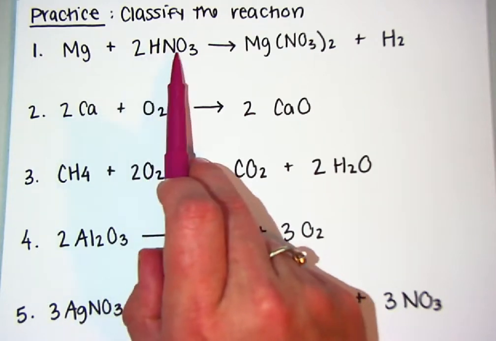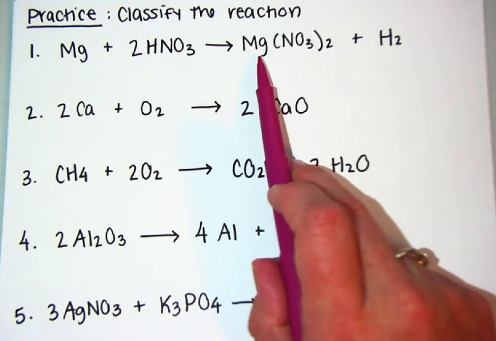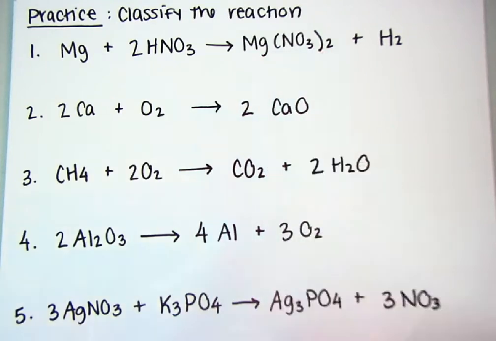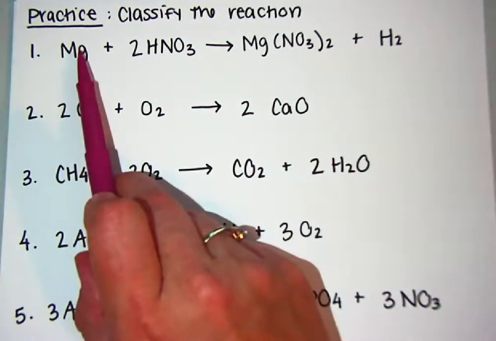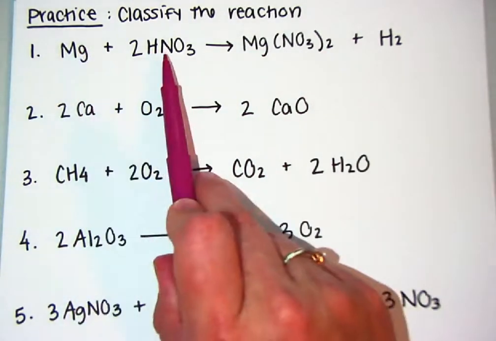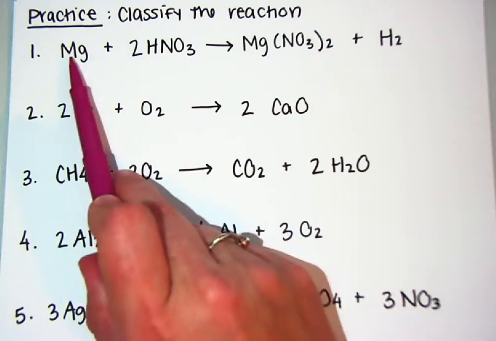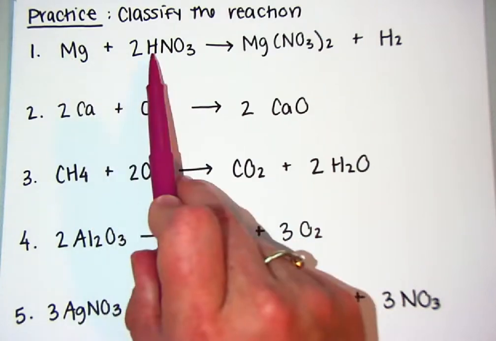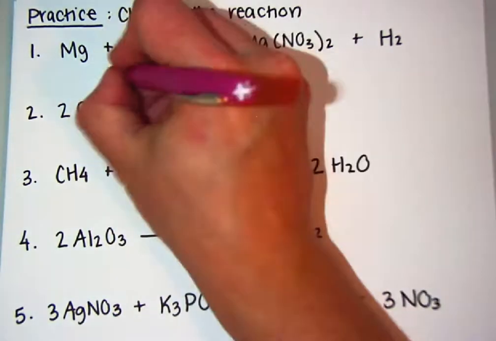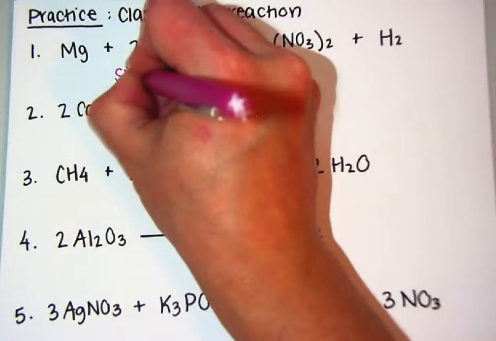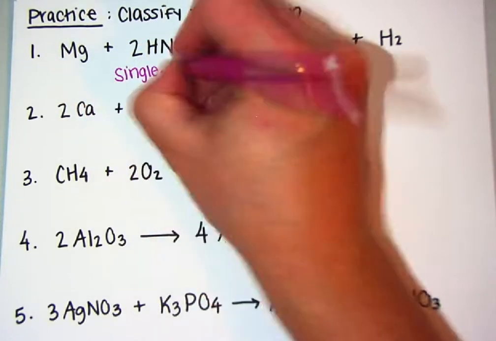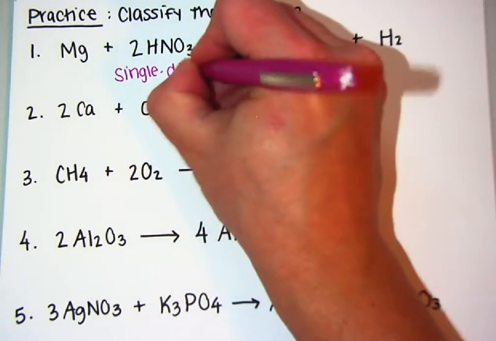Originally, hydrogen is bonded to nitrate. Now on the product side, magnesium is bonded to nitrate. Single element reacting with a single ionic compound. The cation comes in and displaces hydrogen. This is a single displacement reaction.